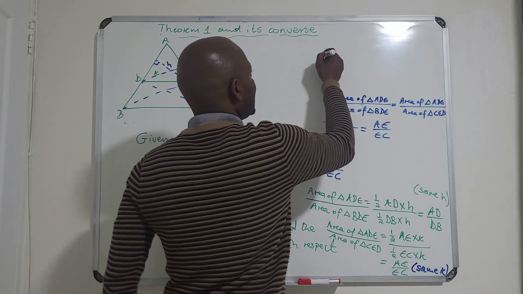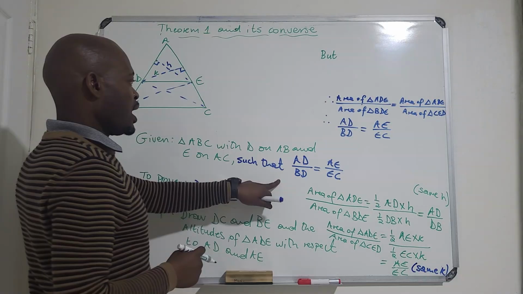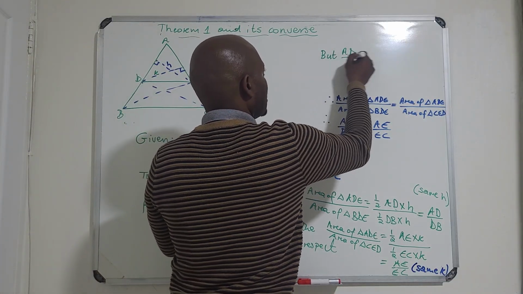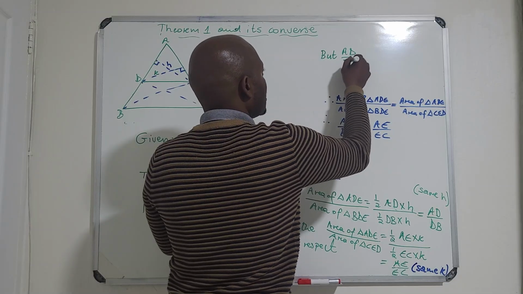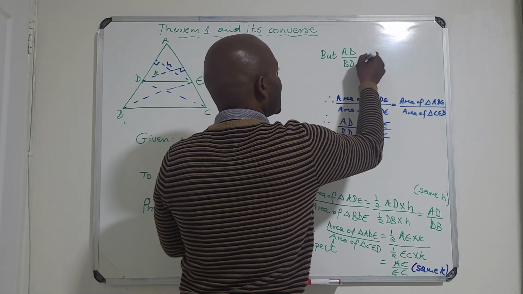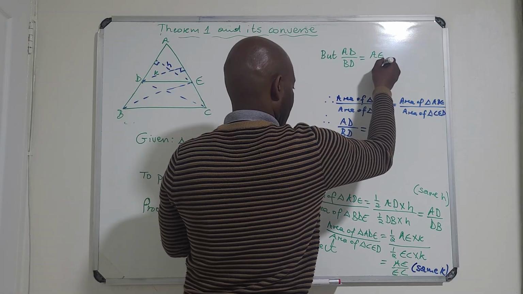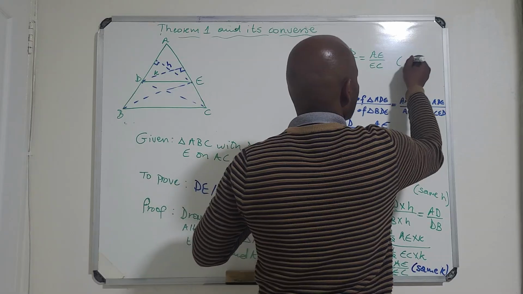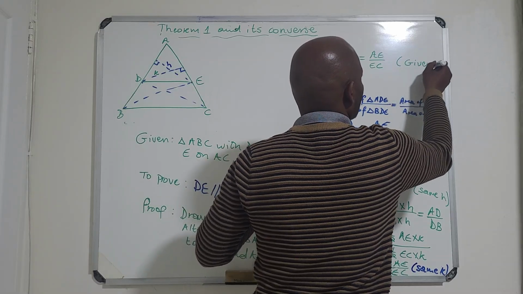We are going to say, but AD over BD is equal to AE over EC. Why are we saying that? We were given that.